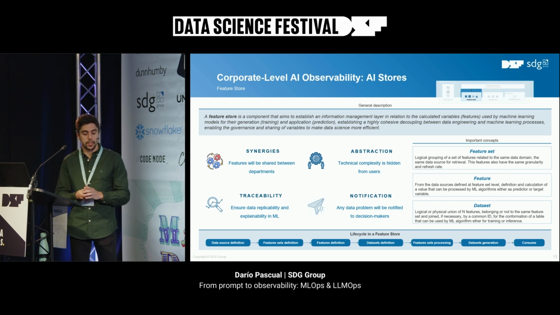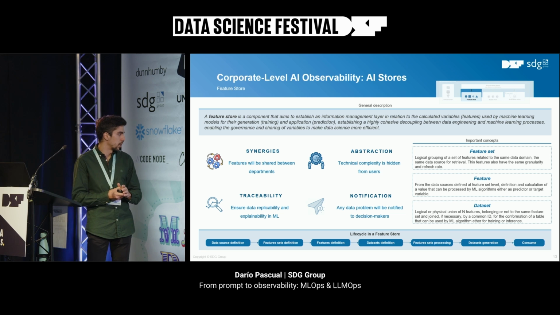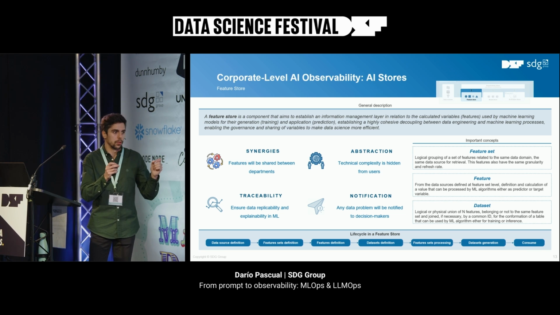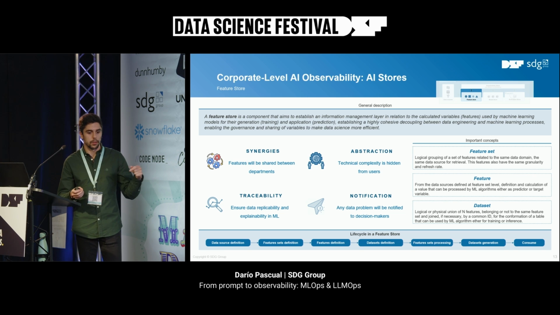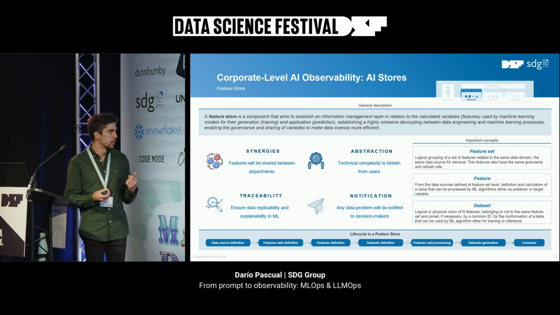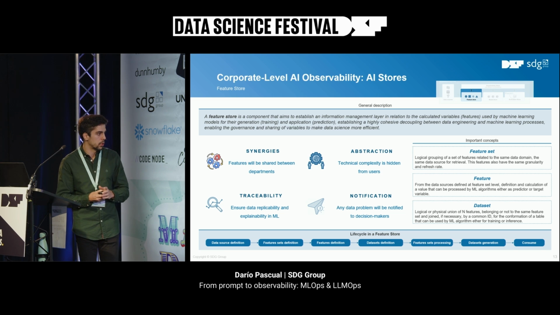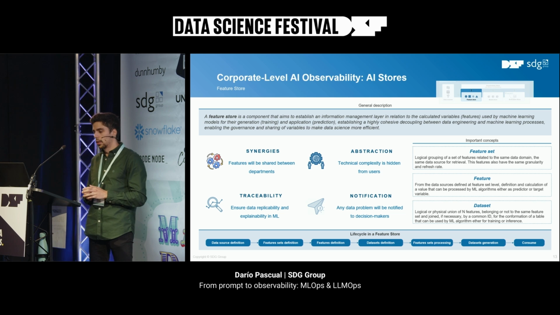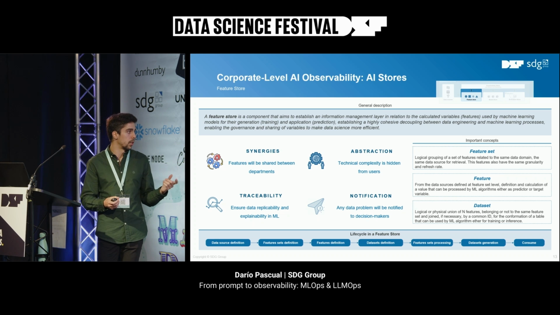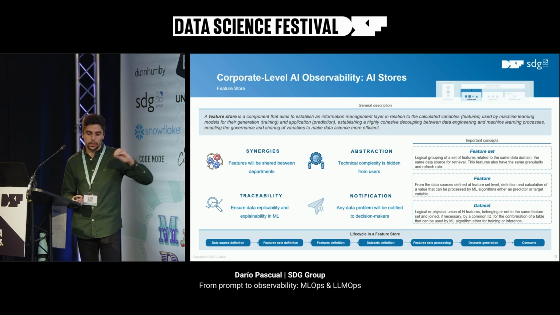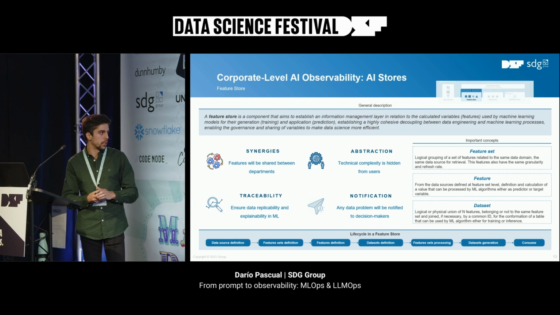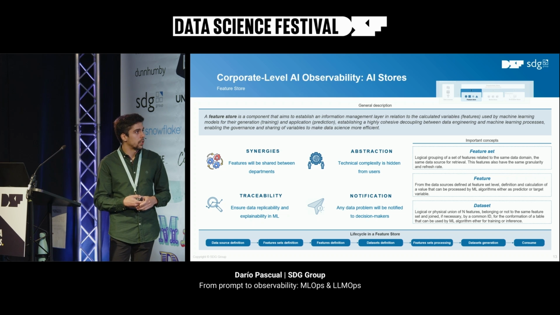In this case, we ensure data replicability, because if we trace what kind of data and what snapshot of data was used to build our models, we can ensure data replicability and create a new machine learning model with data from the past. And notification. This is also important, because an error in data could be an error in our machine learning model. With this alarm system, we can notify users and they can change the definition of that feature if any problem is detected.